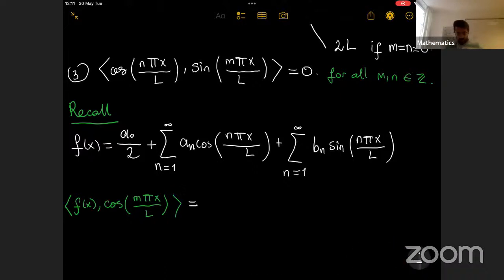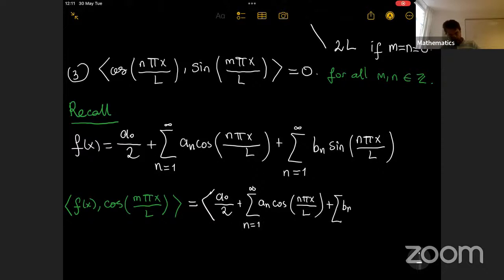Well, f of x is given by, let's write explicit here, a0 over 2 plus a sum an cosine n pi x over L plus bn sine n pi x over L. Okay, this is the inner product of f of x with cosine m pi x over L, right?